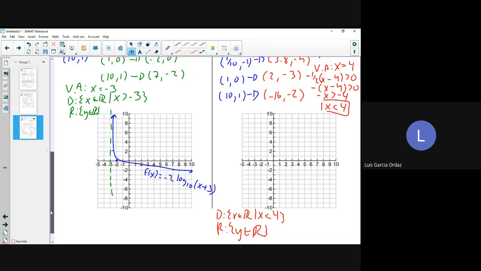We're going to draw our vertical asymptote at x equals 4 and plot our points. So you have 2 and negative 3. You have negative 16 and negative 2, so this is going to be all the way down here. And then we have 3.8 and negative 4.